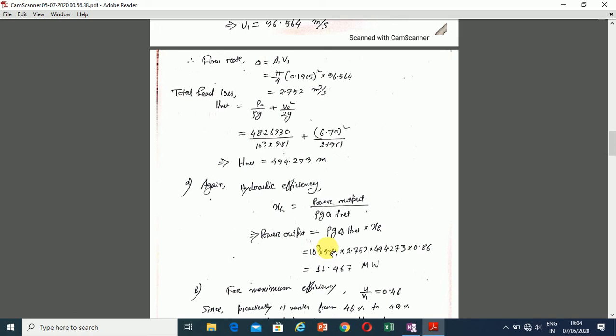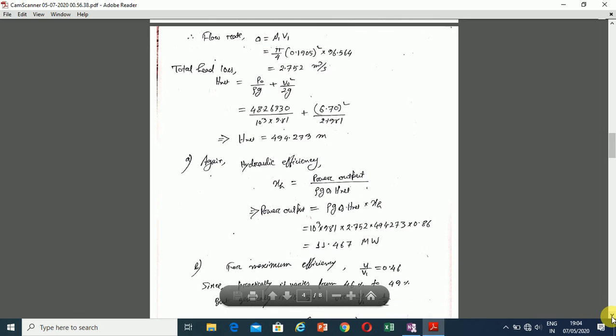Rho is density of water, that is 10 cube, z is 9.81, q is 2.752, h net is 494.273, and efficiency is 0.86, and from here we get power output as 11.46 megawatt.